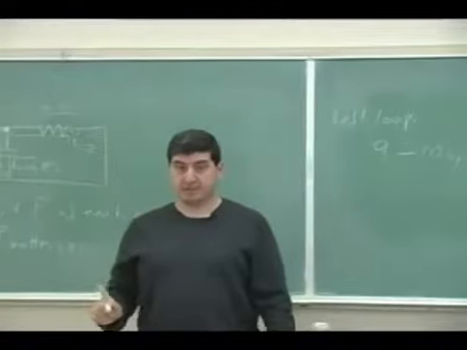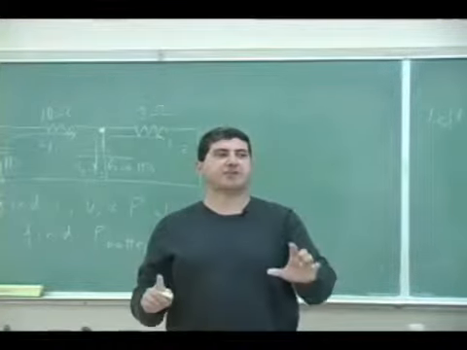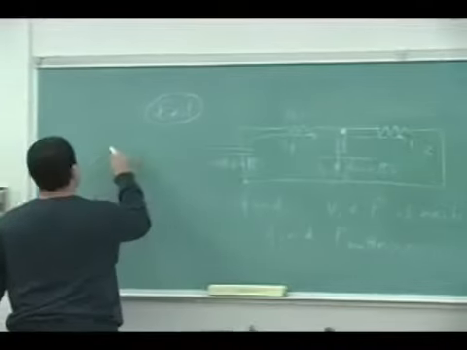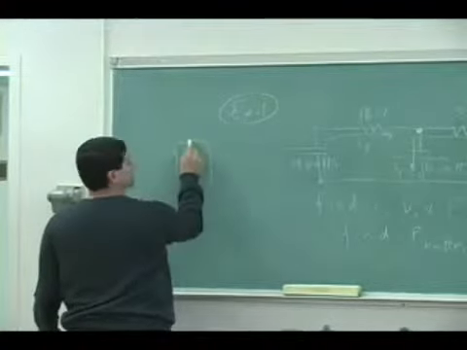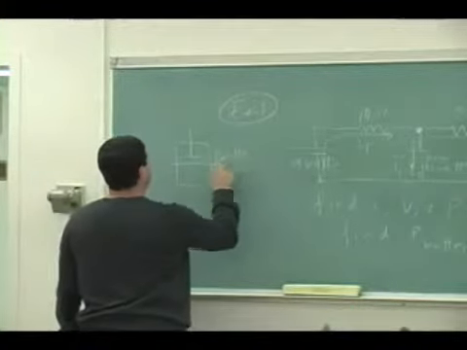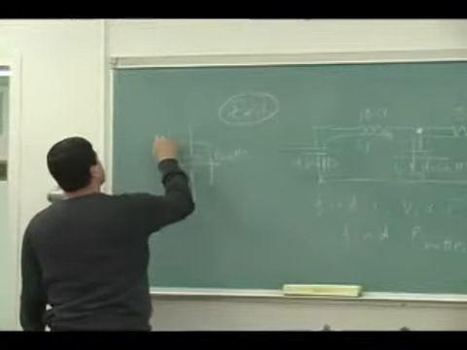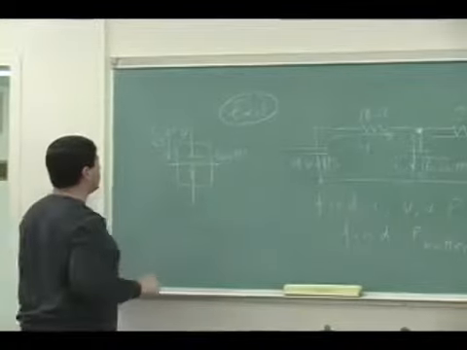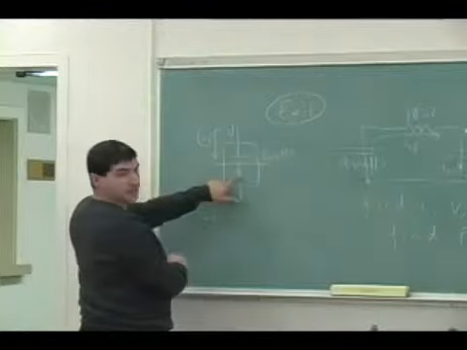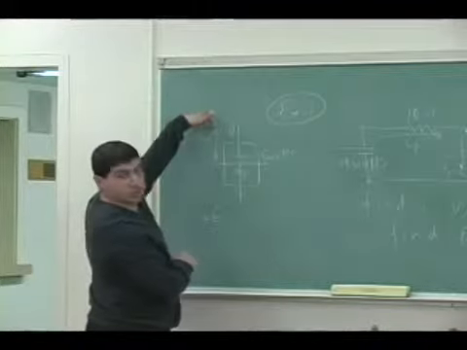The only time the direction of the current would matter in a battery is if the battery had an internal resistance, right? If the battery itself had a little internal resistance, let's say you were going down 6 volts, and then it had a little r, and the current was going down, I1 minus I2, then if you were to go this way, you would gain 6 volts, but going across the internal resistance, little r, you would lose, because you're going in the same direction as the current.